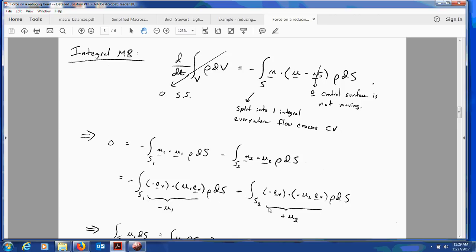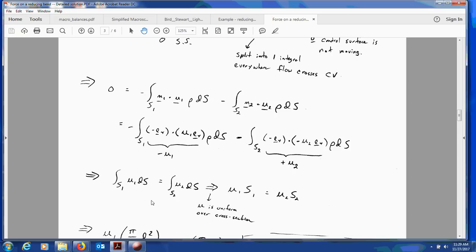The second term is minus. Now n2 is also equal to minus ex, the x unit vector, and u2 is equal to minus the scalar u2 times ex, because the velocity at point 2 is flowing in the minus x direction. So therefore, if we evaluate this dot product, minus ex dotted with minus u2 ex gives us plus u2.